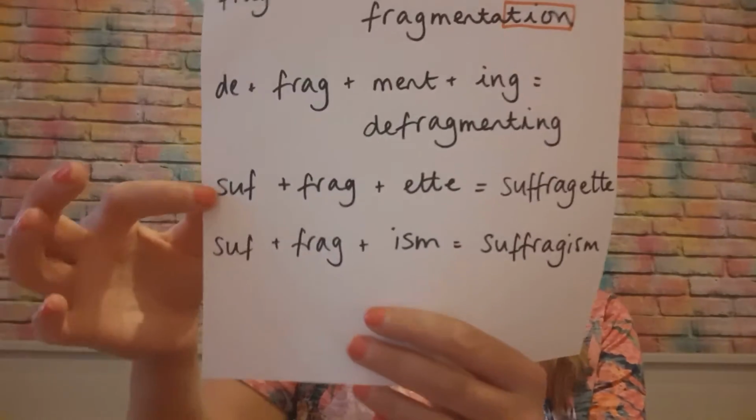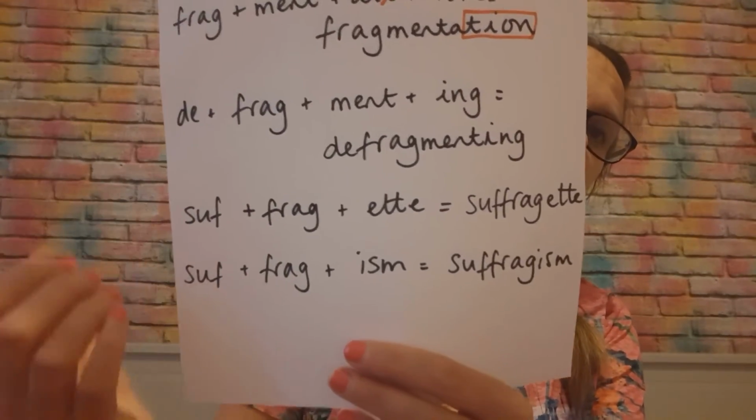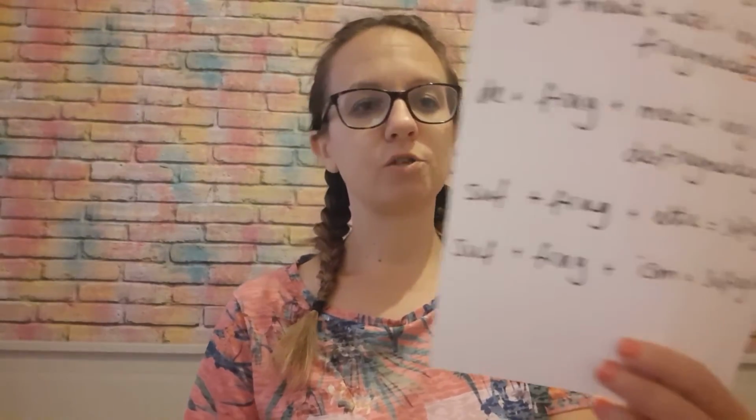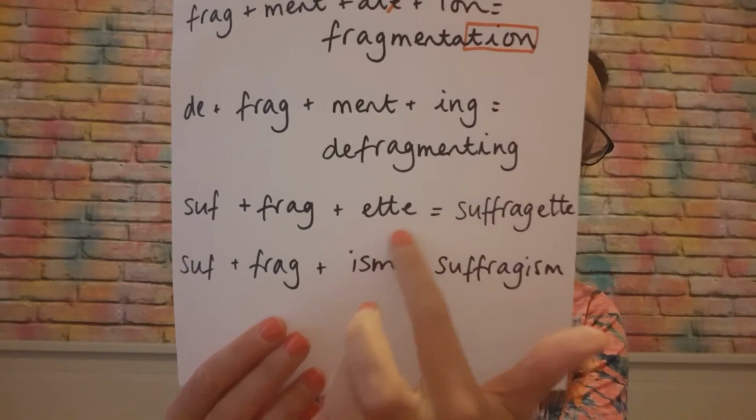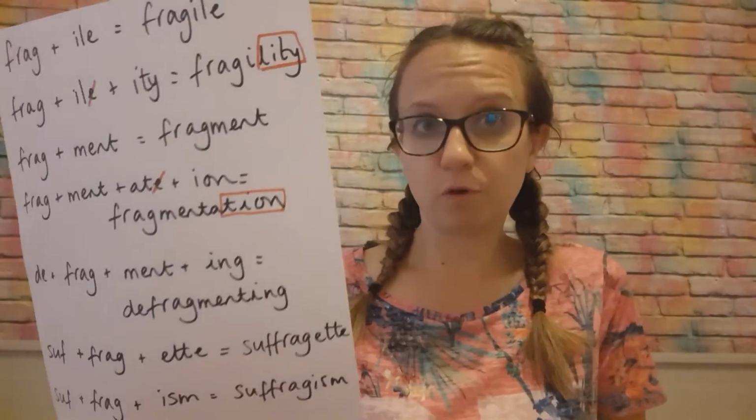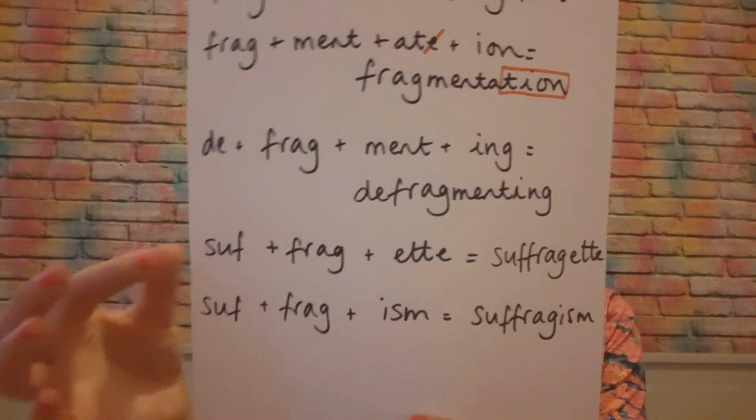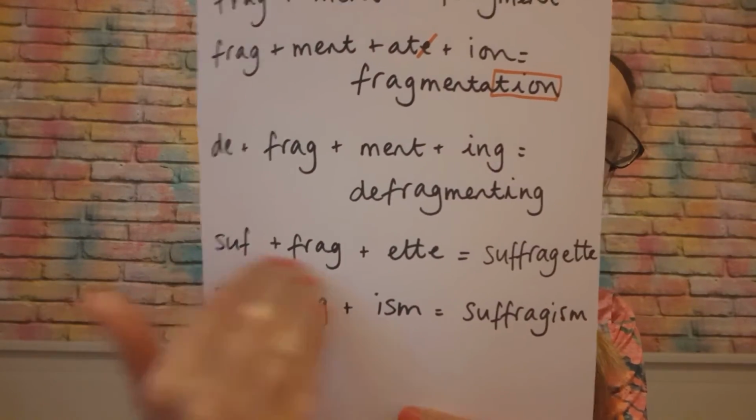The suff has replaced sub, meaning under or below. So we've got under, and then breaking, and the ette is to do with a person, and the ism is to do with a movement. Basically suffrage in itself is the breaking under. In the online dictionary, the etymology talks about it being to do with voting against.